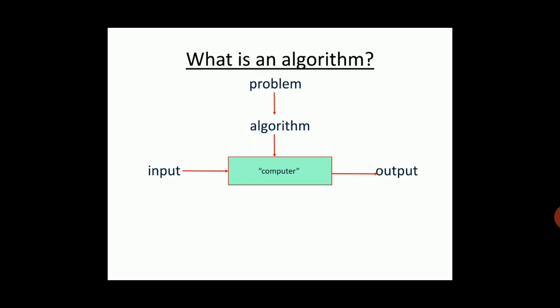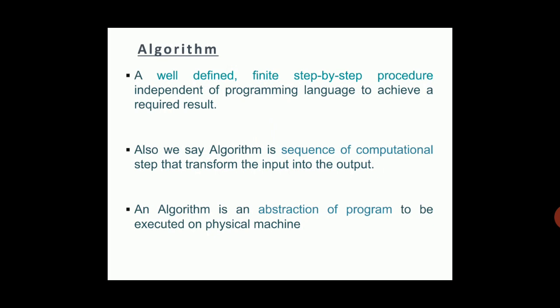If we write a program for a problem, we write a set of instructions to make a good program. Then the problem goes to an algorithm, and the algorithm goes one step further as pseudocode, and then your program runs on the computer, taking some input and giving some output.